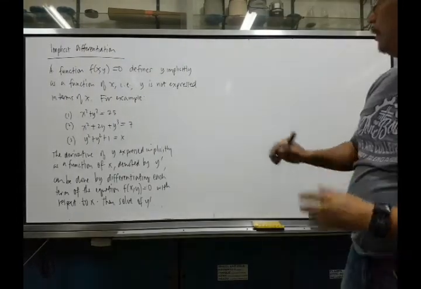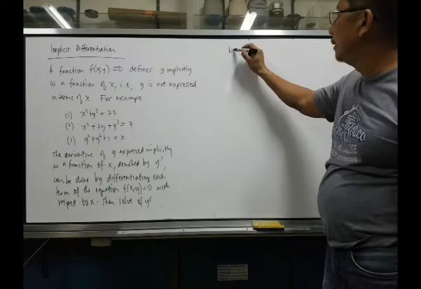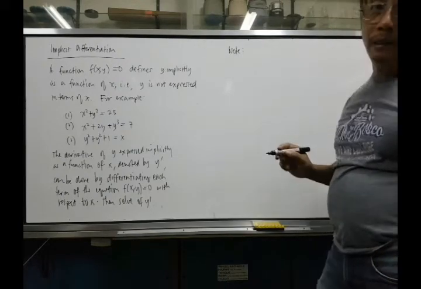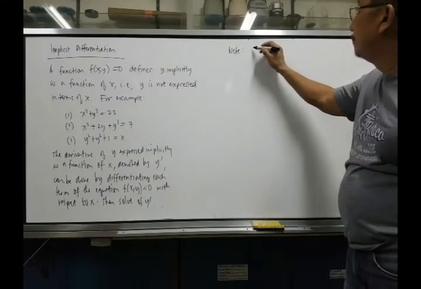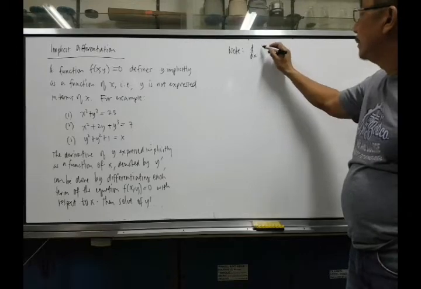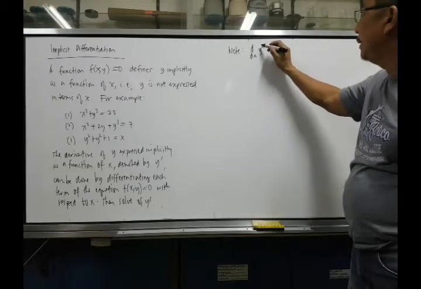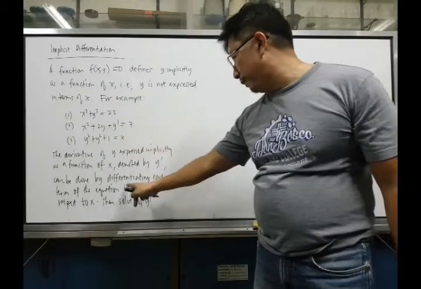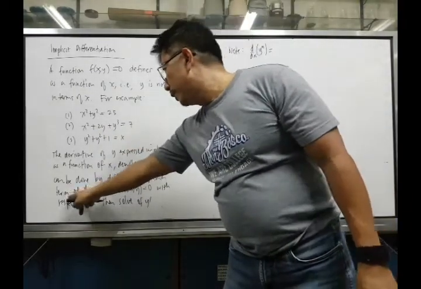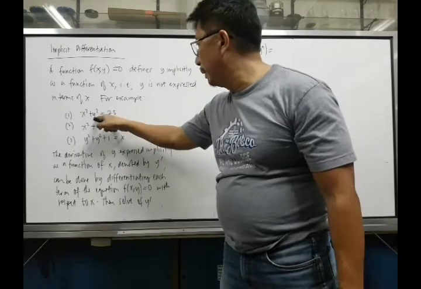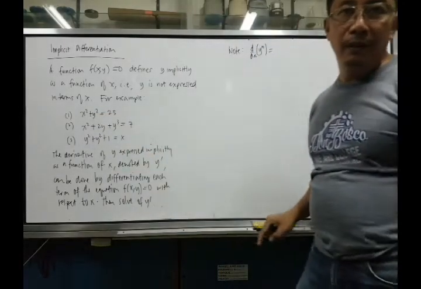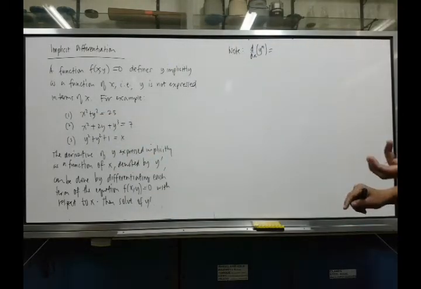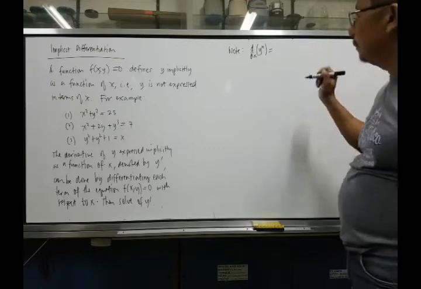Because of that, we might encounter the derivative of, let's say, y to the n. For example, if we are going to differentiate each term of this equation, we encounter the derivative of y squared. So this is not the derivative of x squared, this is the derivative of y squared.